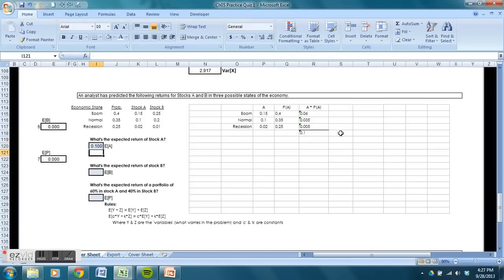Straightforward. And let's move on to B. Now, this is exactly like chapter 1 when we were finding the average of different instances, let's say the return, for example. But instead of finding the average, we were finding the weighted average.